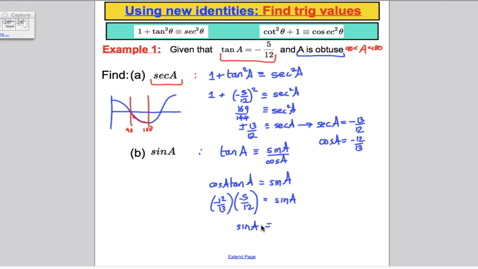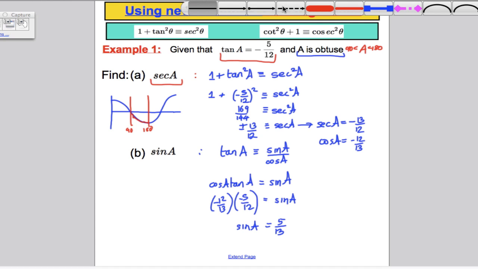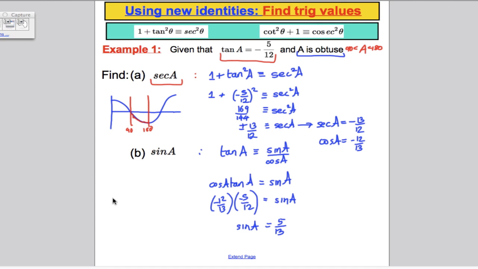positive 5 over 13. Positive 5 over 13. And does that make sense? If A is an obtuse angle, does it make sense? Just a quick check. This isn't necessary here, but we'll just do a quick one. If that was the sine graph here, sine goes like this.